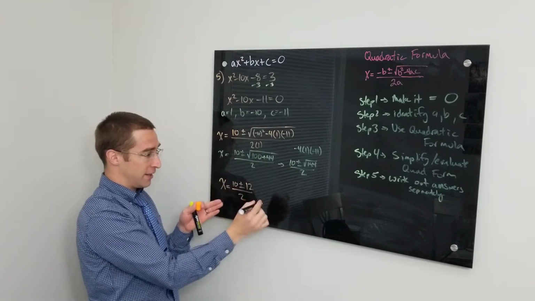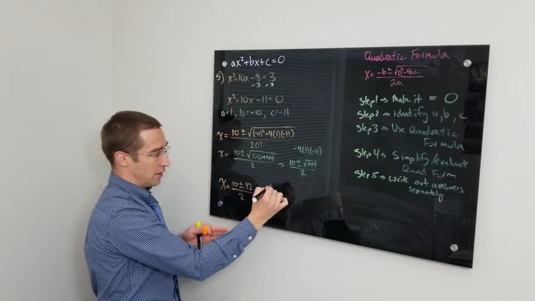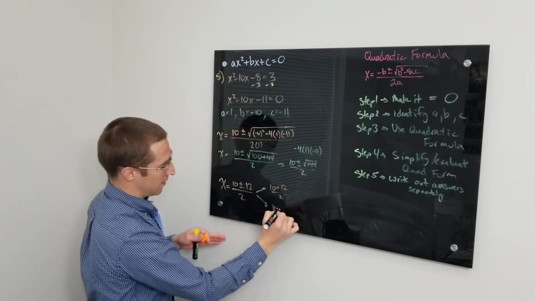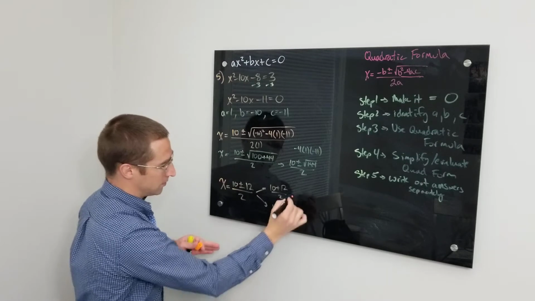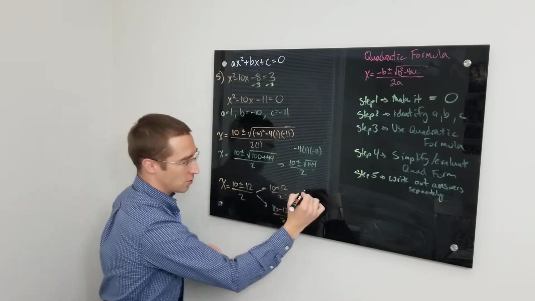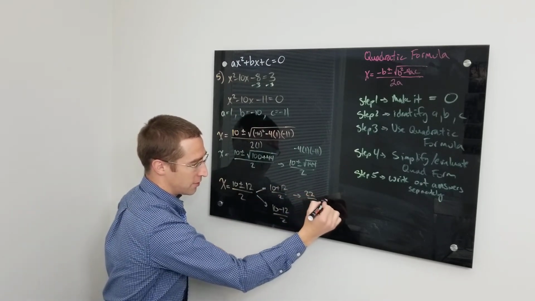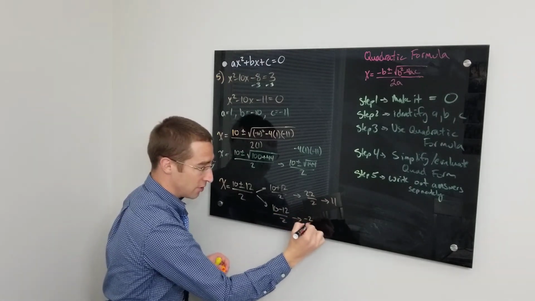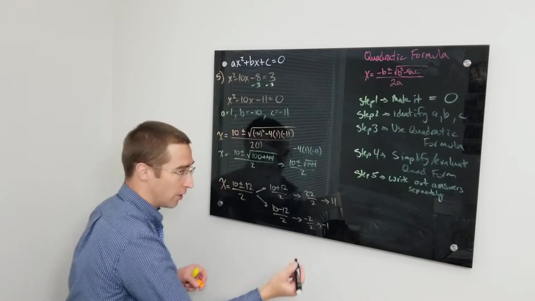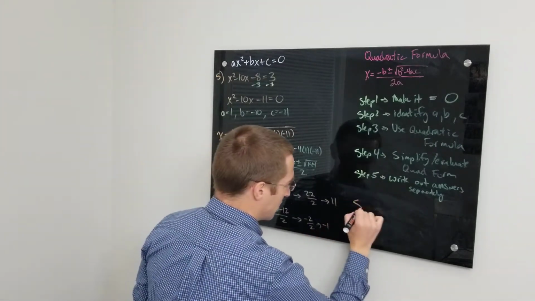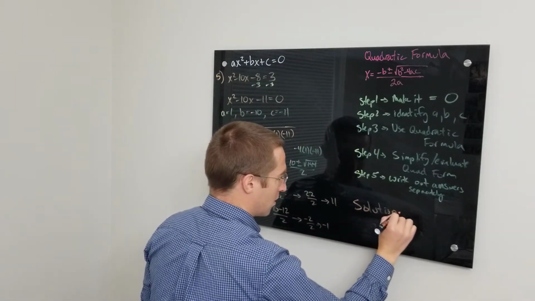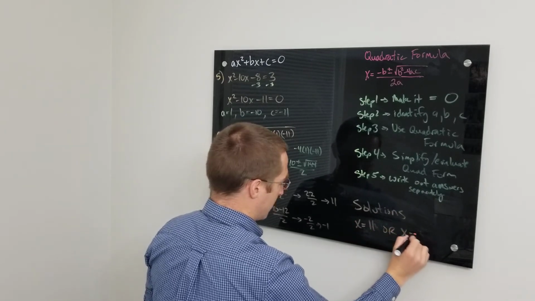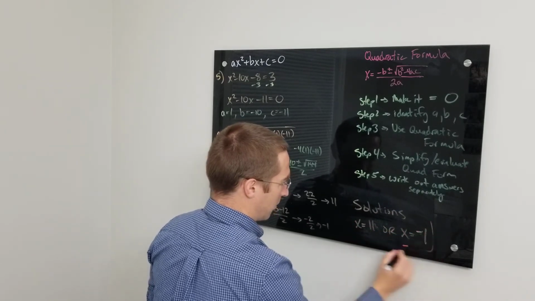We've simplified it, and we're going to go 10 plus 12 divided by 2, and 10 minus 12 divided by 2. 10 plus 12 is 22, divided by 2 is 11. 10 minus 12 is negative 2, divided by 2 is negative 1. So our answers here, the solutions, are x equals 11, or x equals negative 1.